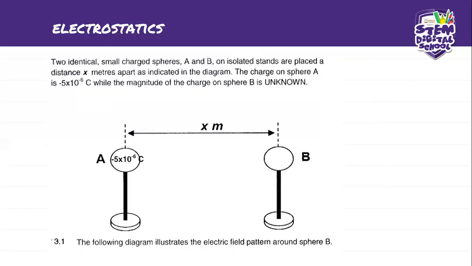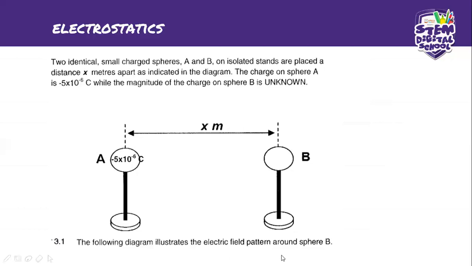The charge on sphere A is minus 5 times 10 to the power minus 6 coulombs, while the magnitude of charge B is unknown.